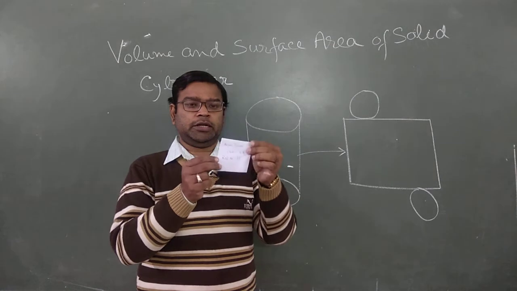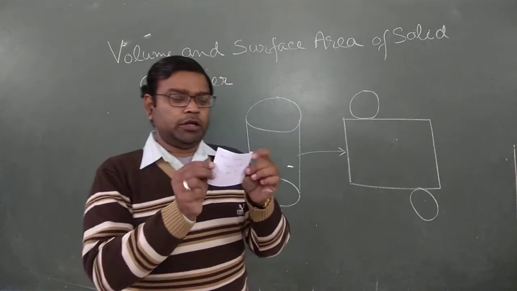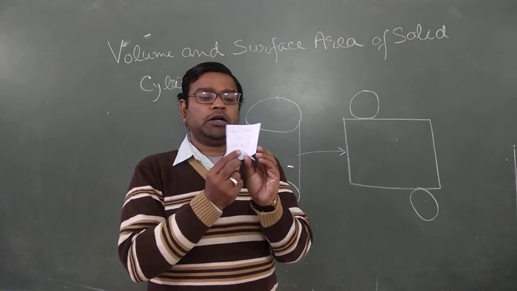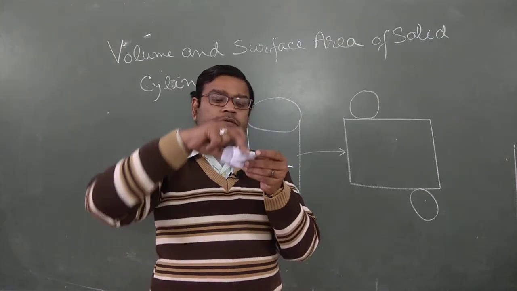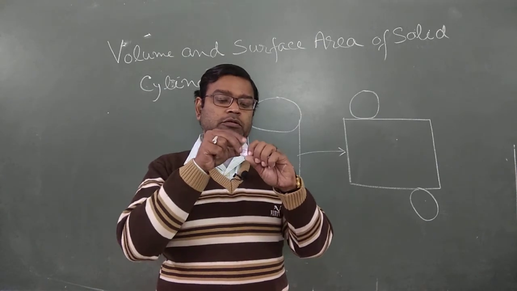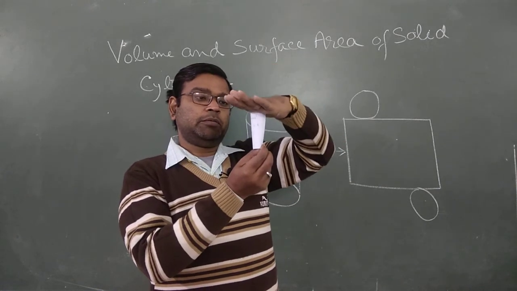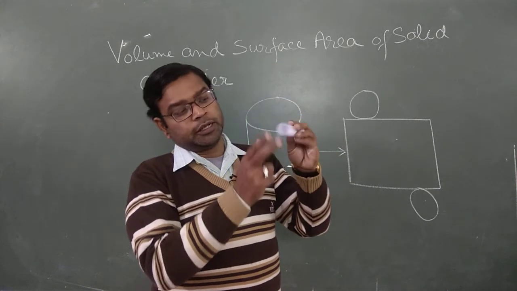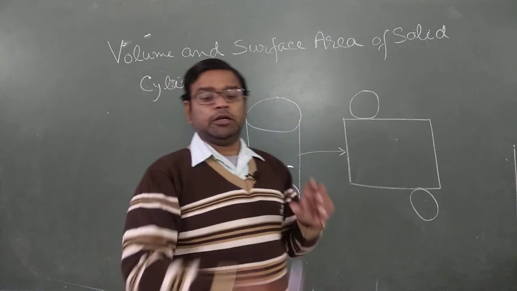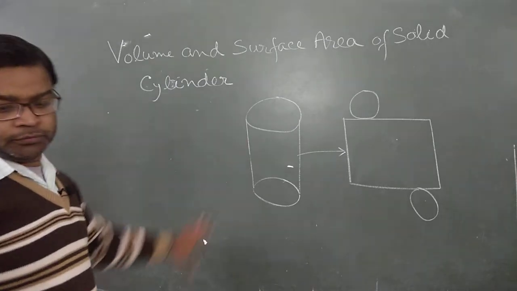Now if we join these two ends together, what do we obtain? Likewise, this is a form of cylinder. From top and from bottom, it is a circular area. You can easily see, so this is a new type of solid known as a cylinder.